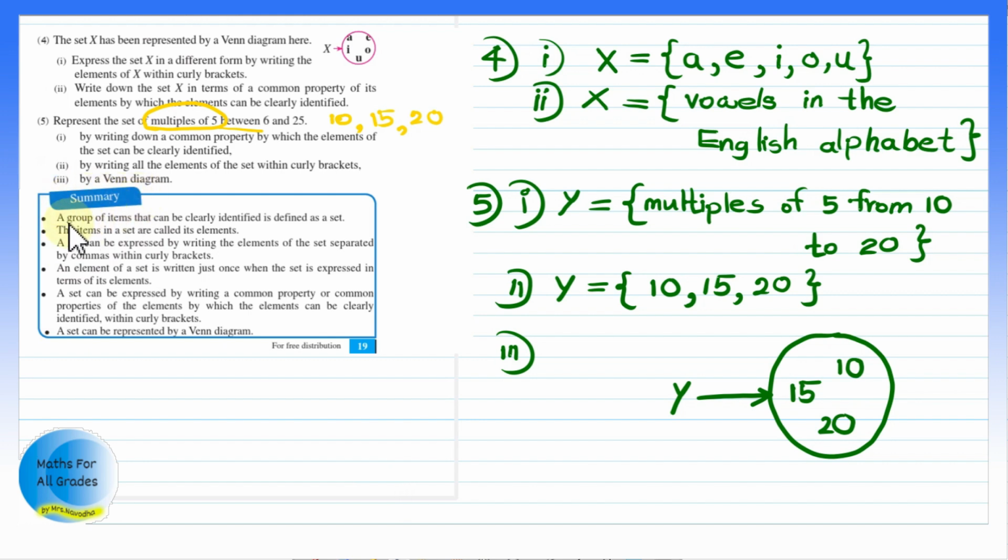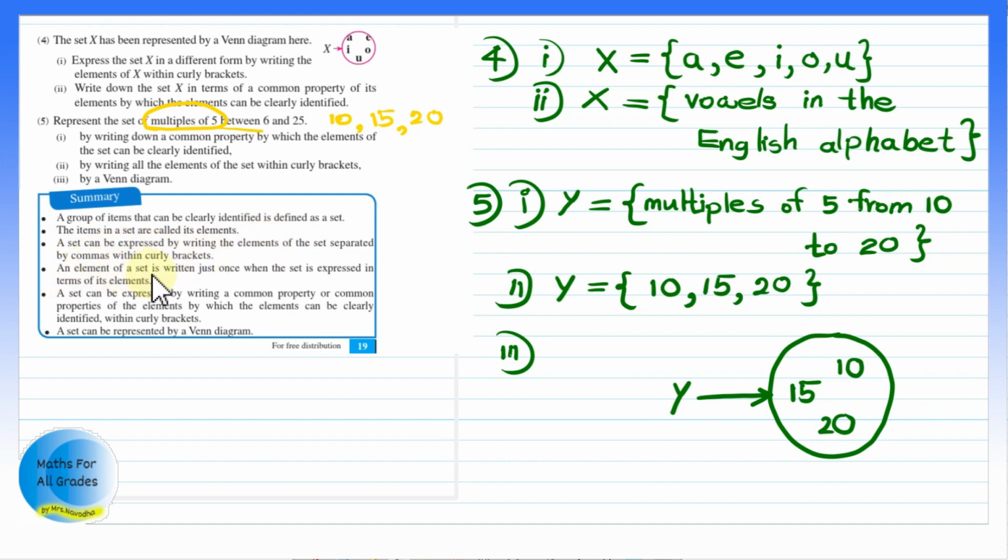Here they have given a summary. Let's read it. A group of items that can be clearly identified is defined as a set. And the items in a set, we call them its elements. A set can be expressed by writing the elements of the set separated by commas within curly brackets.